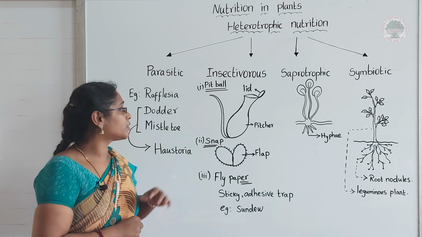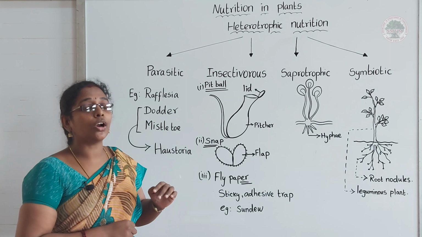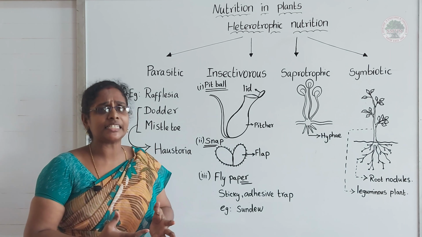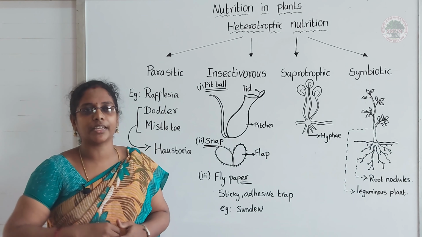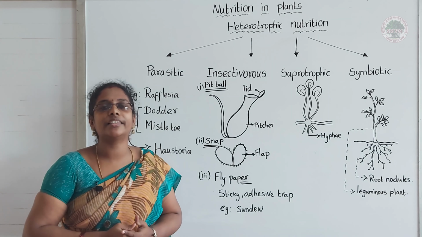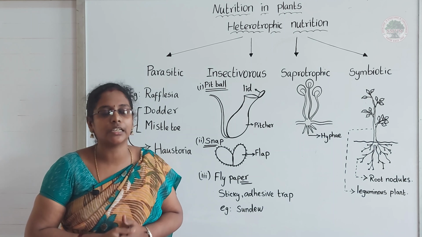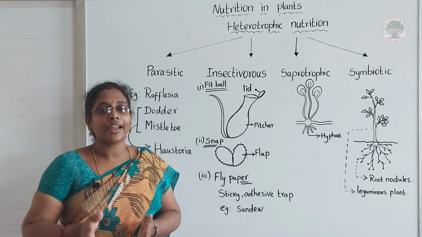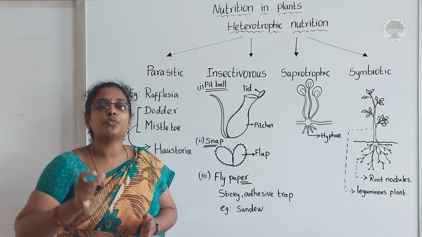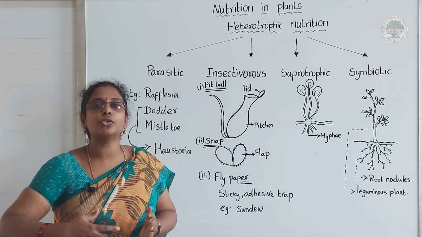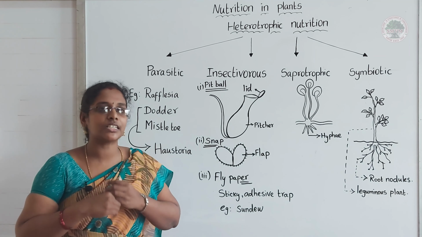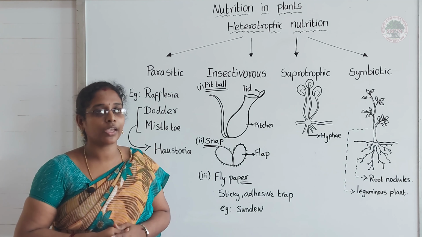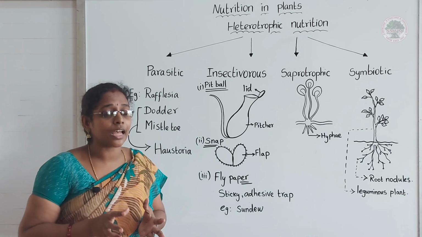If you take the dodder, it produces seed, and this seed is carried to some other place, as we learned in the dispersal of seed. During that time, it has to find another host to grow within 5 to 10 days, or else it will die. Why does this happen?